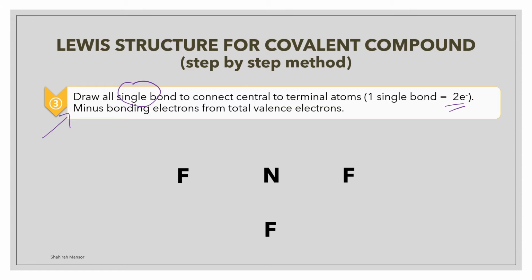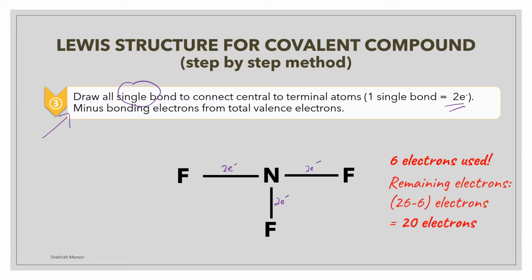So in this case, from the skeletal structure, we are going to use 3 single bonds to connect between the central atom N with terminal atom F. So ingat, dalam satu bonding ni ada berapa elektron? They have 2 electrons. Okay, so since we have used 6 electrons for the bonding, so remaining electrons will be 26 minus 6, so we have another 20 electrons.